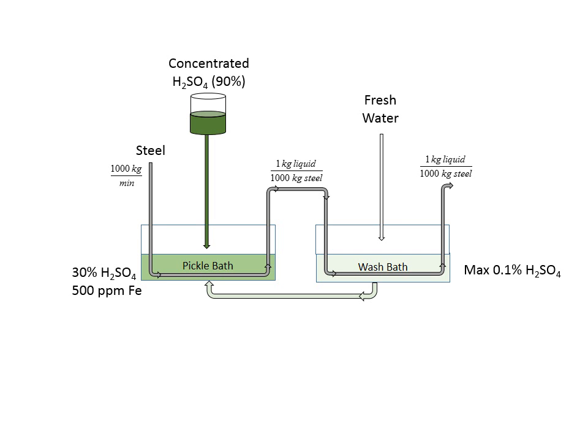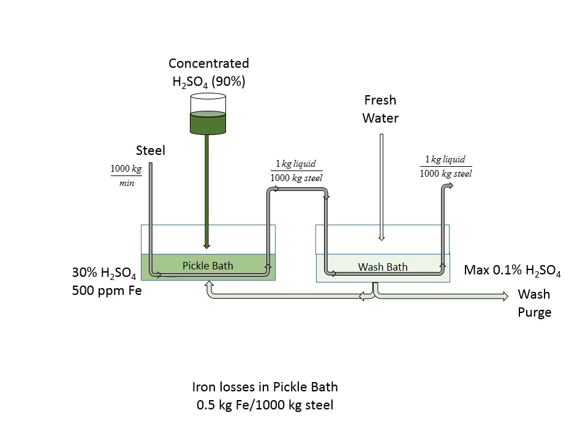Some of the wash bath solution is recycled back to the pickle bath, and this will be used as dilution water to take that 90% concentrated solution to the targeted 30%. We also must allow for some purging to be done in case we have more fresh water needed than is required as dilution water for the pickle bath.